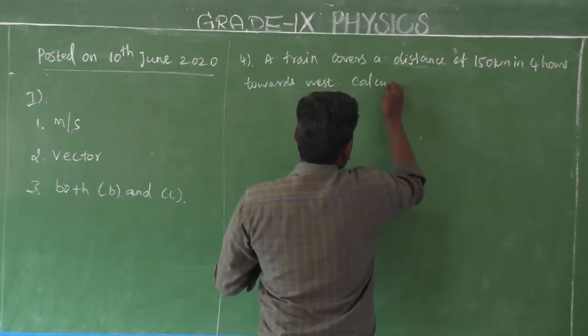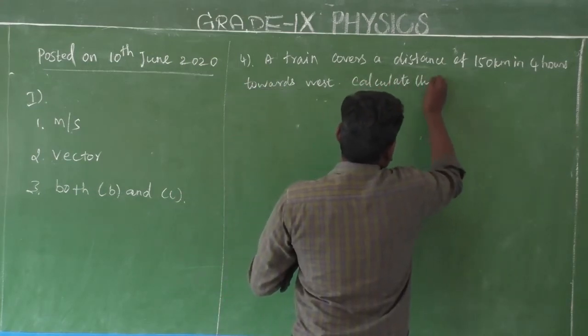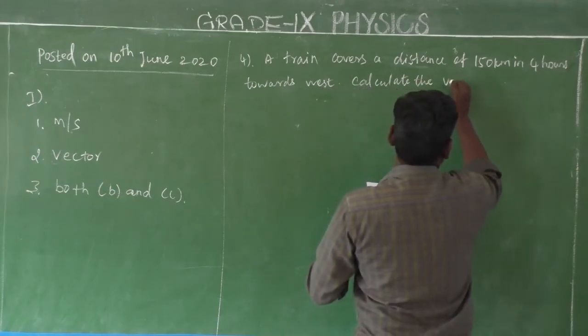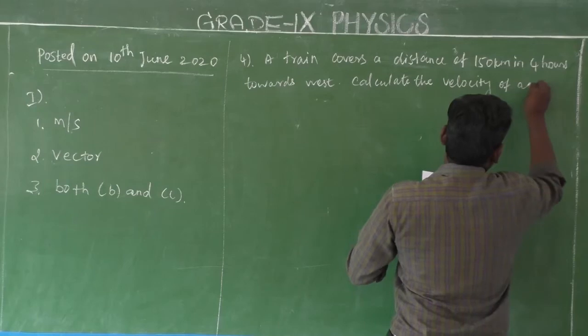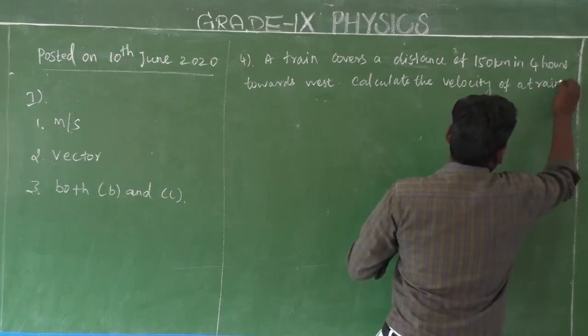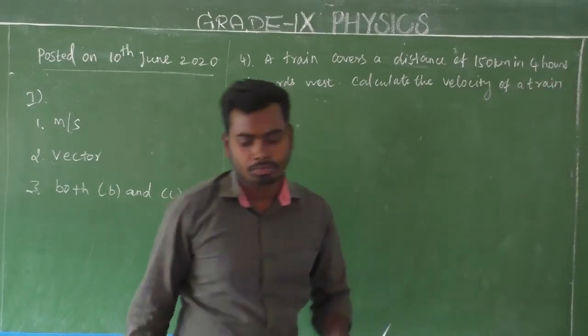Calculate the velocity of a train. So that is the question.